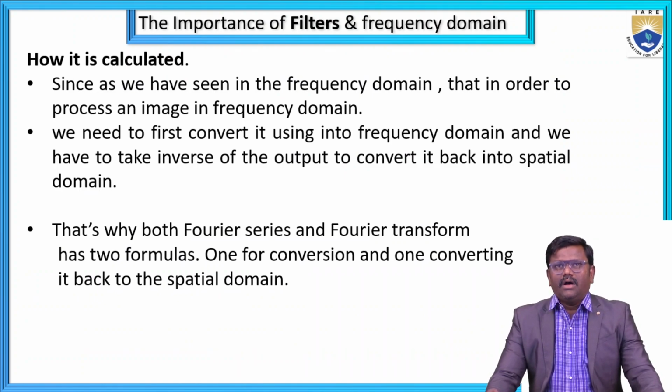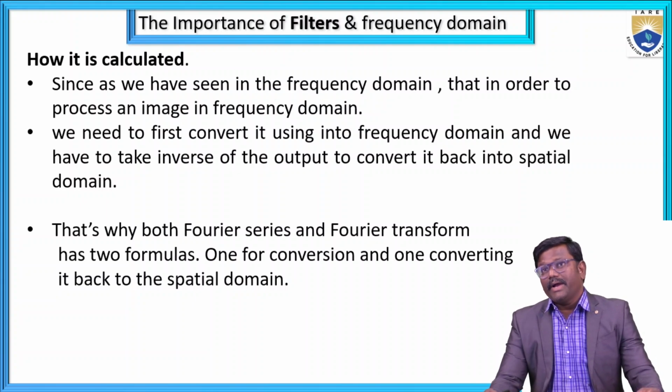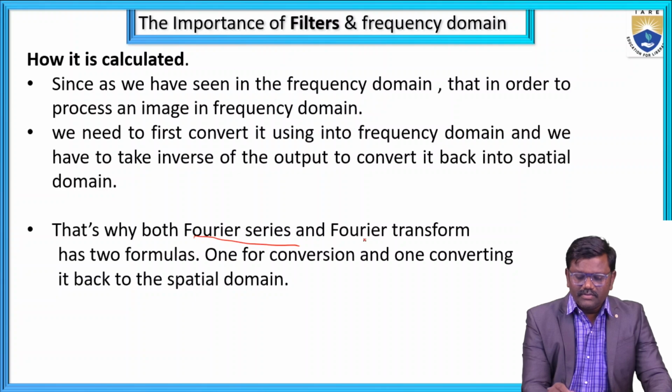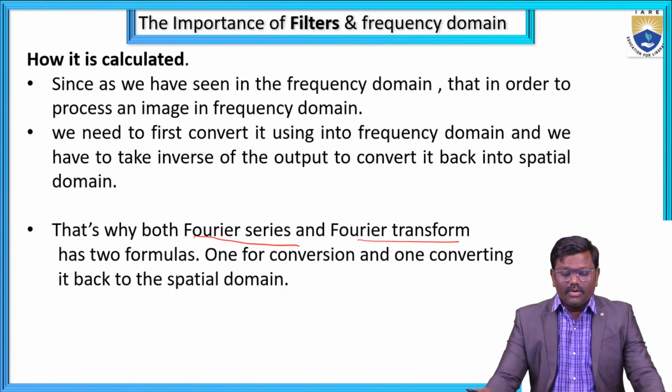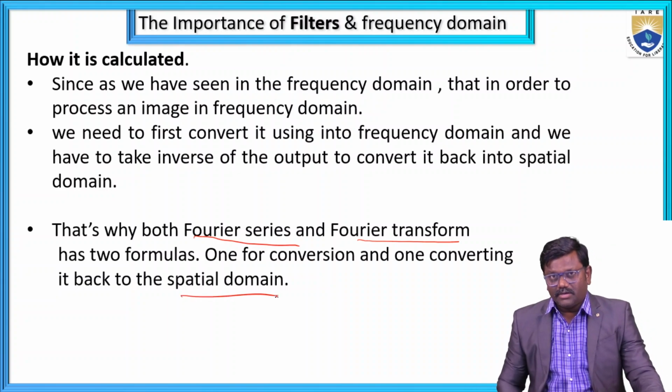In order to process an image in the frequency domain, we need to first convert it to the frequency domain, and then take the inverse of the output to convert it back into the spatial domain. That is why we use both the Fourier series and Fourier transform, which have two formulas: one for conversion and one for converting back to the spatial domain, that is, the time domain.